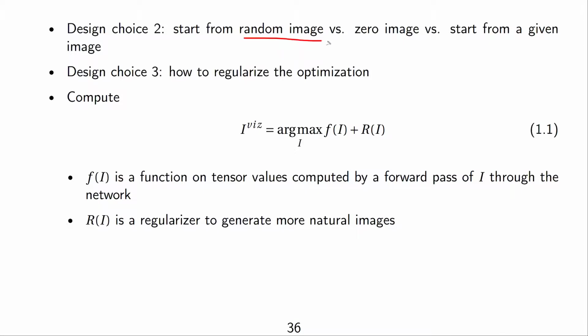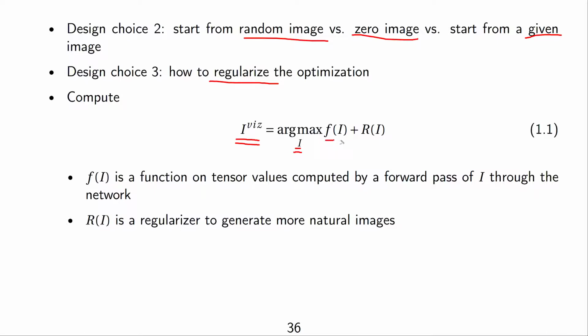Next choice: are we going to start from a random image, a zero image, or start from a given image? Next choice is basically the regularizer, and there will be many different options. But after we made our choices, in general the framework is we want to get this image that is a visualization of something in the network, where we optimize something so the output is the image.